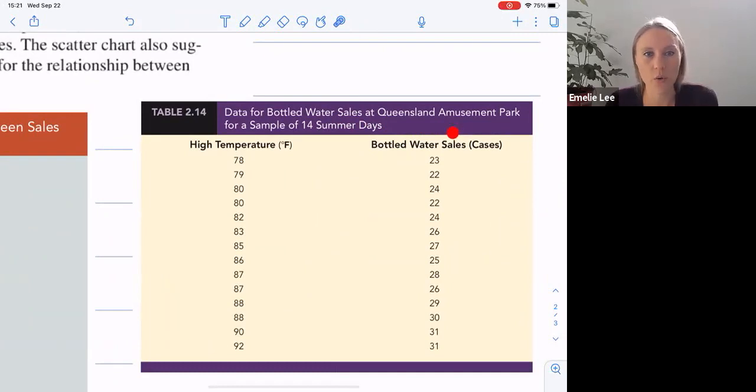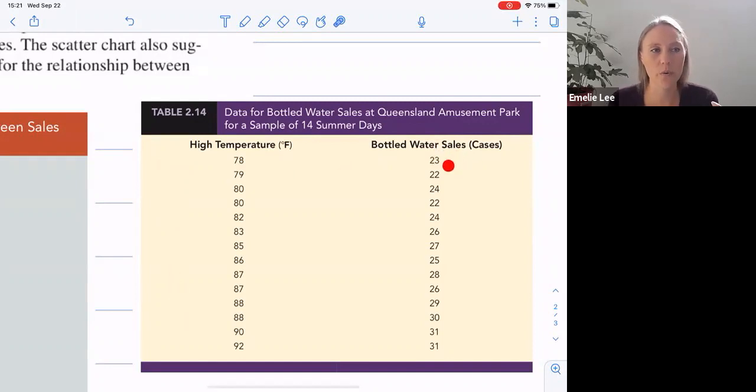We don't actually know which 14 days. Are they consecutive? Are they not? We don't have any of that information, so we're going to have to ignore it, but that would be something we might be interested in later. But we can't consider it. Here, we're just focusing on the high temperature in Fahrenheit and the bottled water sales measured in cases.